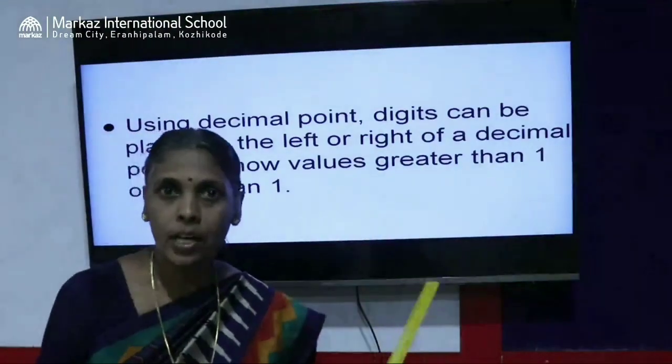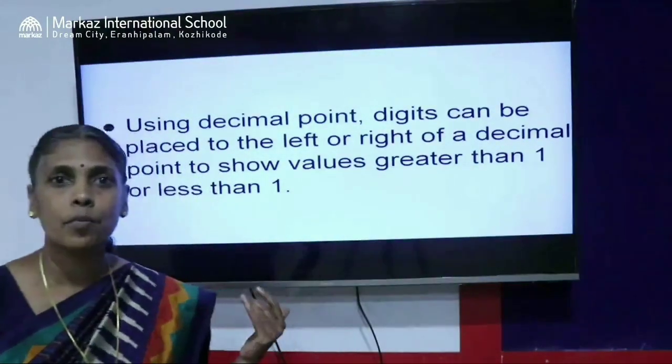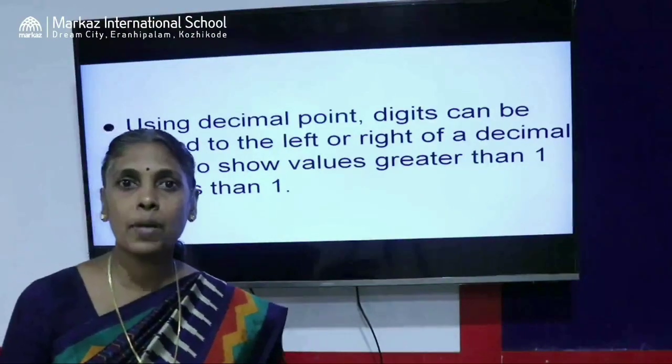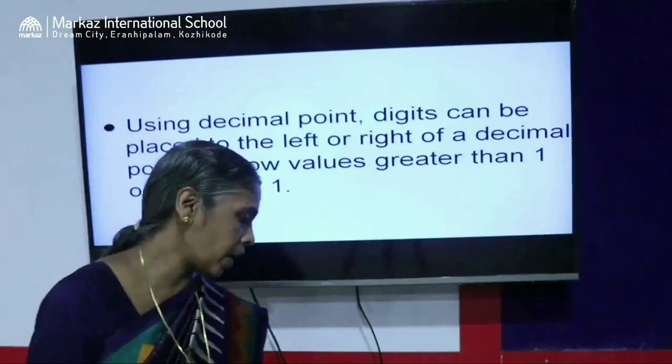It means, for example, as I told you in 2.3, there is a digit to the left of the decimal point. 2 is more than 1, and after the point, if we place any numbers, those numbers represent values less than 1.